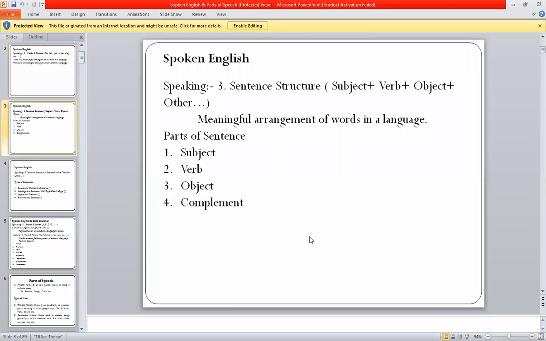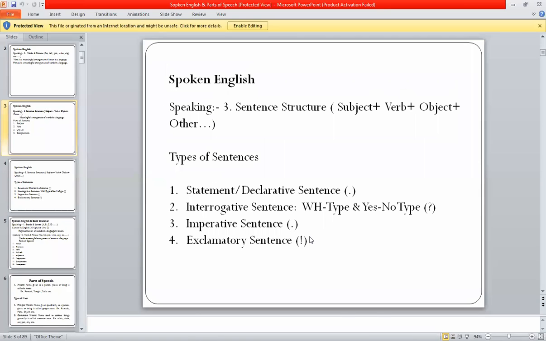Any sentence is made up of its parts, that is subject plus verb plus object plus complement. And there are four types of sentences: statement, or declarative, or assertive, or affirmative. Then interrogative, that is WH type or yes/no type.